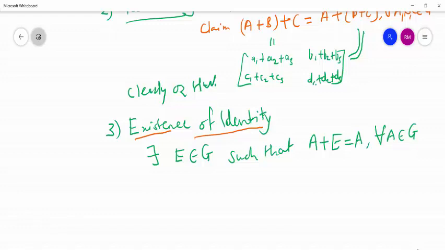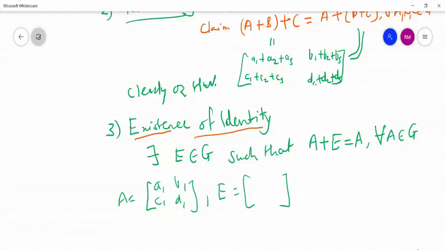Note again, A plus E equal to A. A is any matrix in G. Suppose we take the A matrix as A1, B1, C1, D1, and we don't know the E matrix, what the entries in the E matrix are.